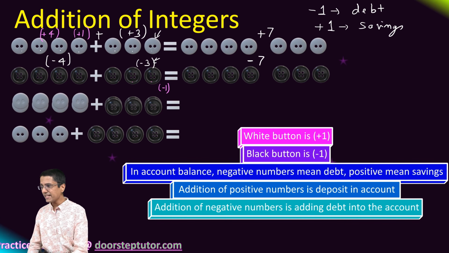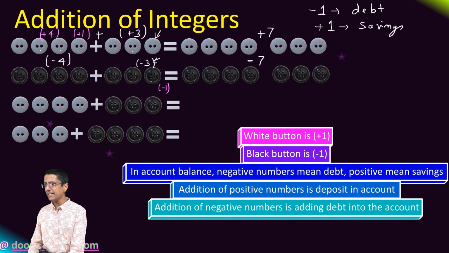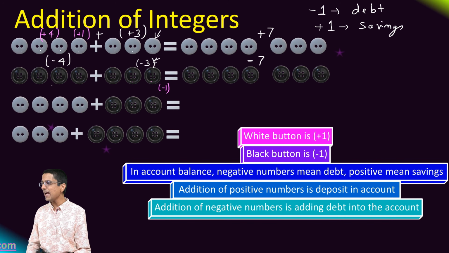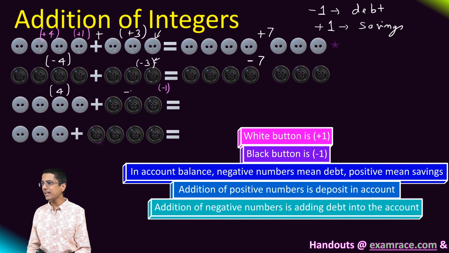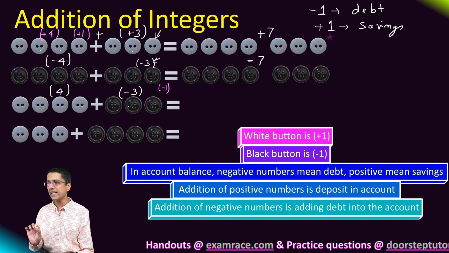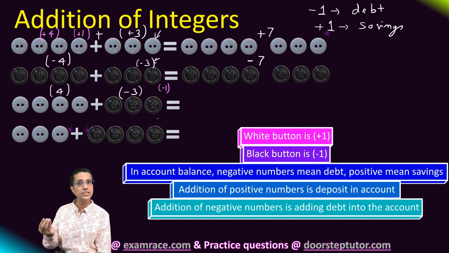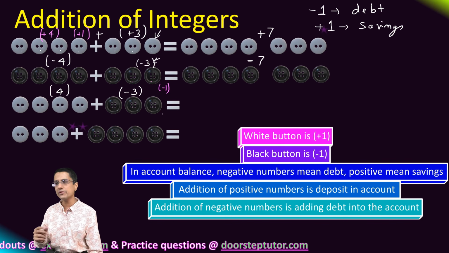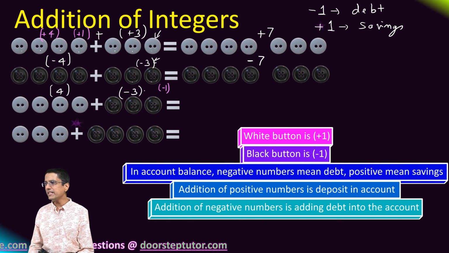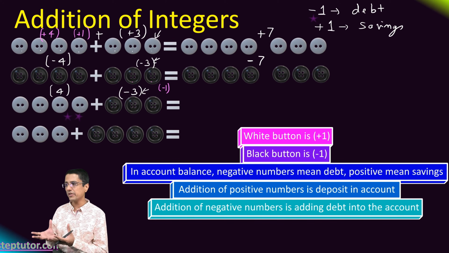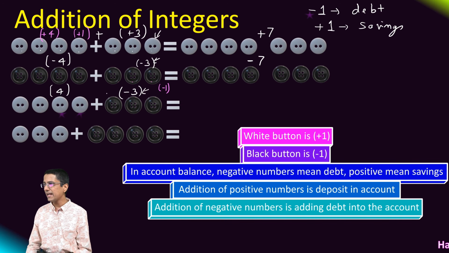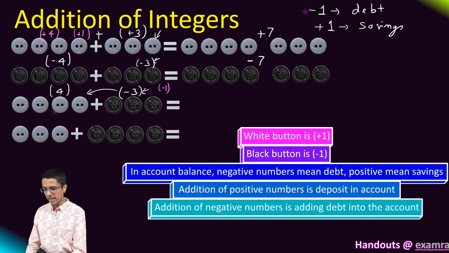So now in the next case, what are we doing? We have a balance of 4 rupees and we are taking on a debt of 3 rupees. So this is my net balance of 4 rupees and I am taking on a debt of 3 more rupees, or I am withdrawing 3 more rupees from the account. All of these 3 rupees that I am taking from the bank account can be fulfilled by my balance.